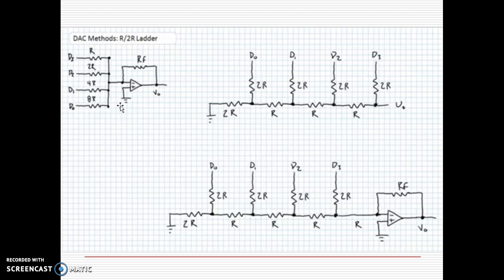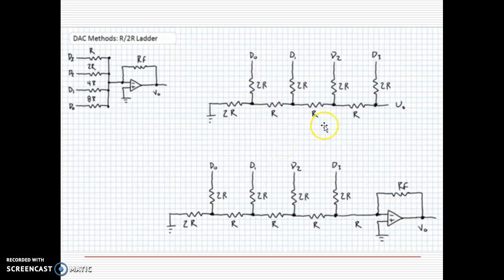we use an R-2R ladder network. Here D0 is the least significant bit, and D1, D2 and D3 follow, with D3 known as the most significant bit. If you connect an operational amplifier to this ladder network, we call it an R-2R ladder.